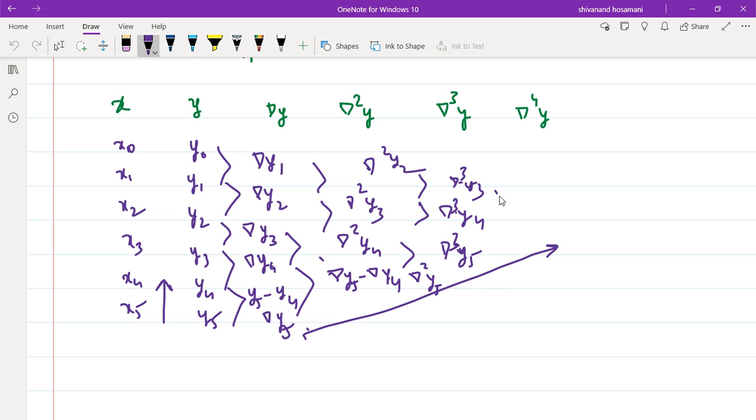When it goes further, this is del raised to 4 y5, and this is del raised to 4 y4. If you take one more, that is del raised to 5 y, then this is going to be del raised to 5 y5.